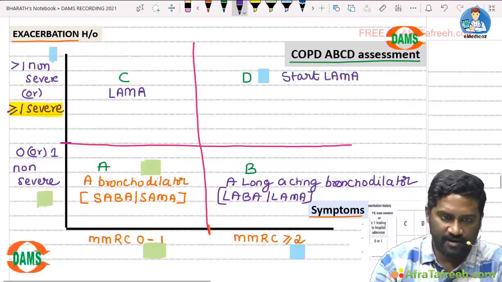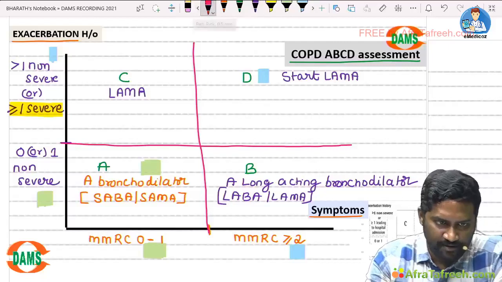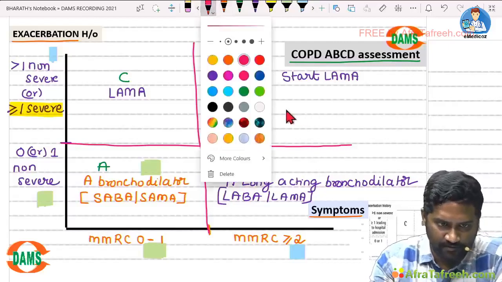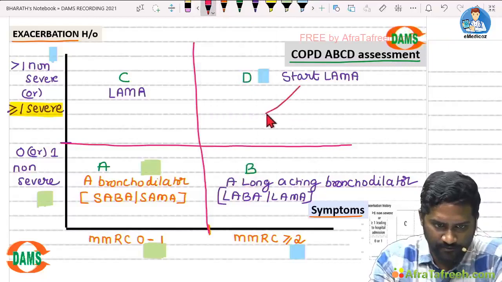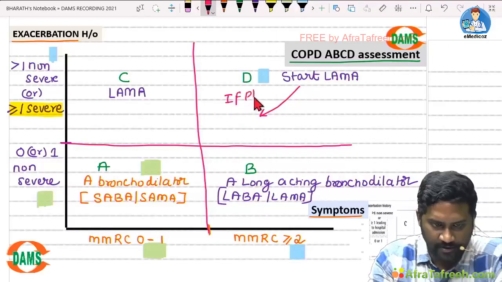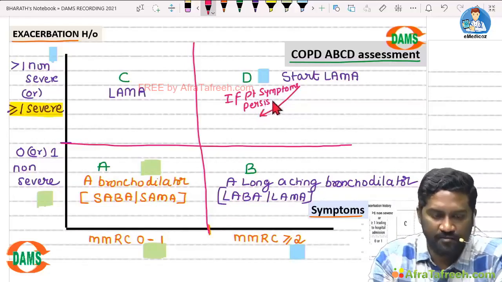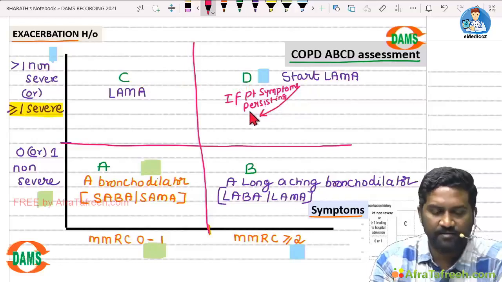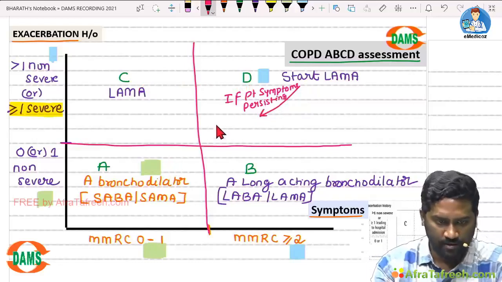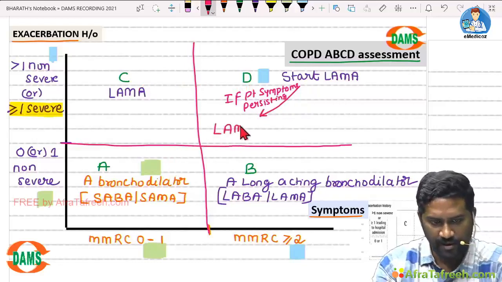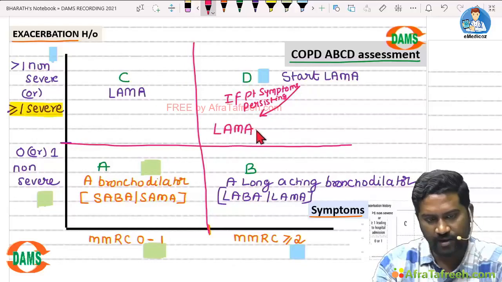Even after starting LAMA, if the patient says, doctor, my symptoms are not decreasing, not even 10% of symptoms have decreased, so what will you do? If the patient's symptoms are persisting like this, to this LAMA I add another bronchodilator called LABA.